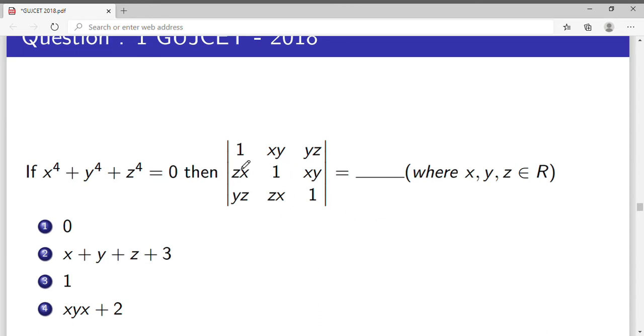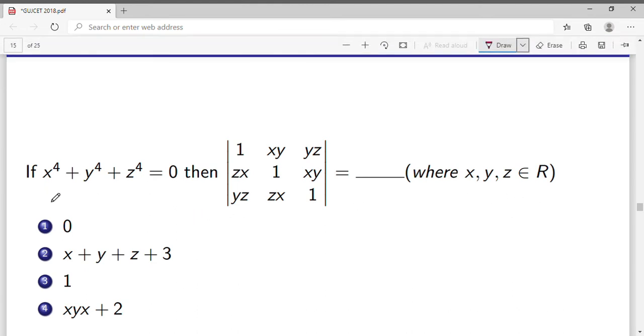Okay. Generally with a determinant, if this type of condition is given to us, we have to use this condition. Here the condition is that x raised to 4 plus y raised to 4 plus z raised to 4 equals 0, where x, y, z belong to R. If you observe the powers of x, y and z, all powers are even.